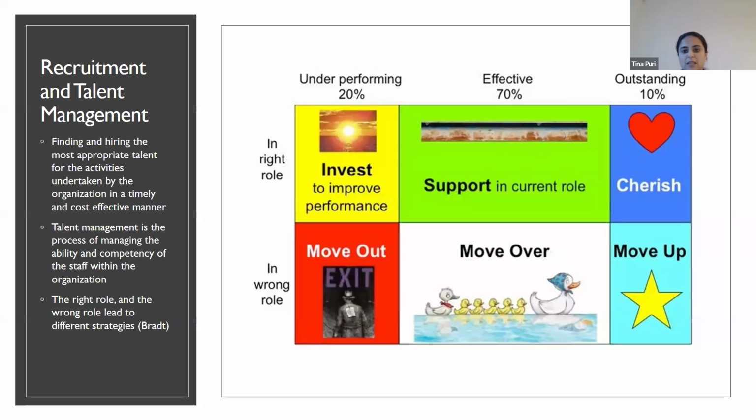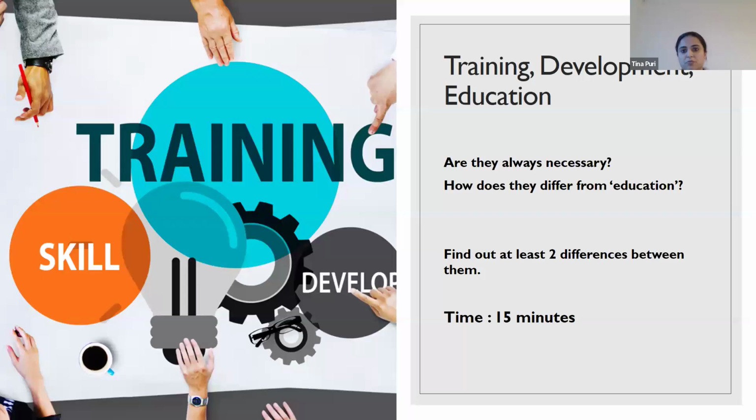We can see in the chart there are certain criteria, like in right role, in wrong role, underperforming, effective, and outstanding.